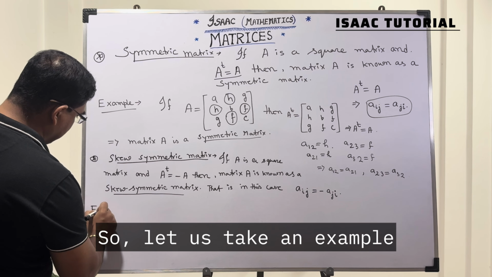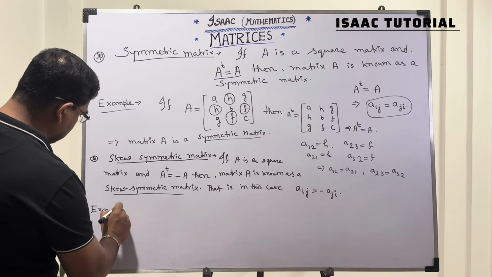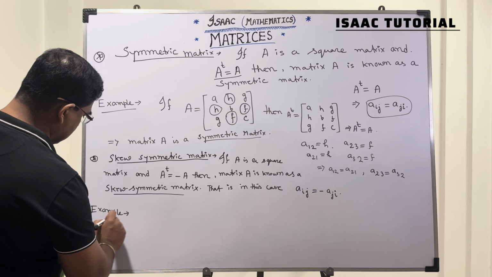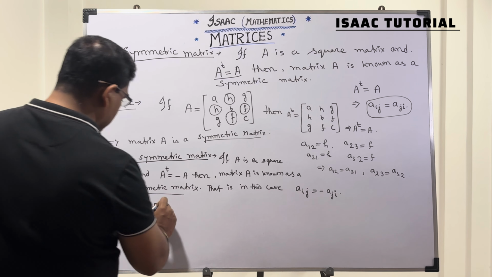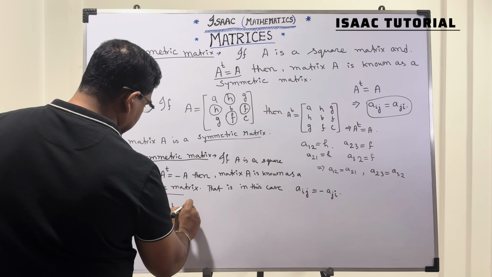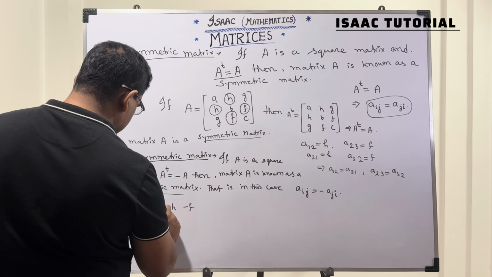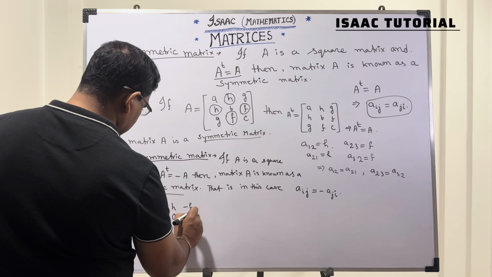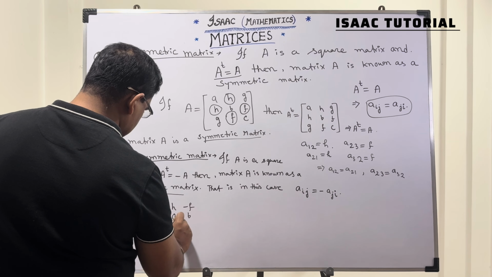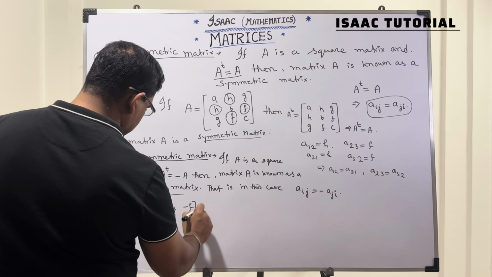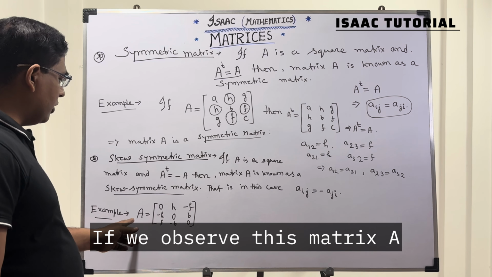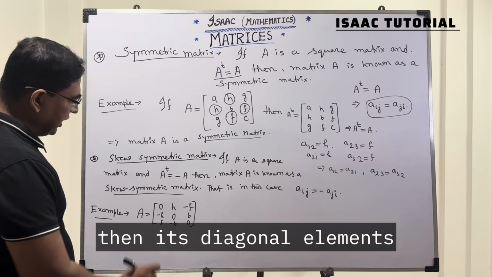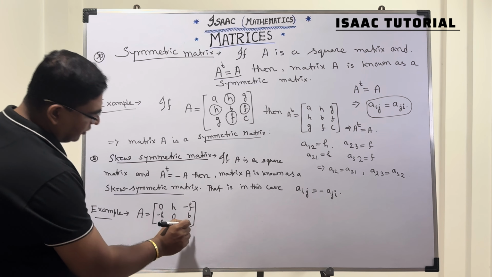So let us take an example. Matrix A is equal to the matrix with rows 0 H minus F, minus H 0 B, F minus B 0. If we observe this matrix A, its diagonal elements are 0.